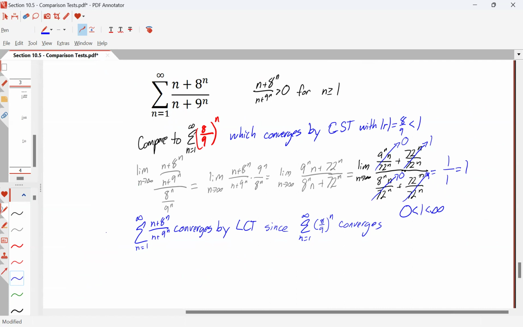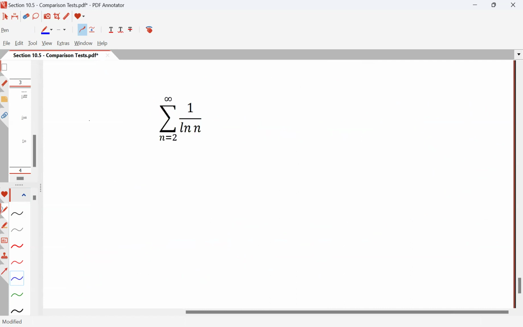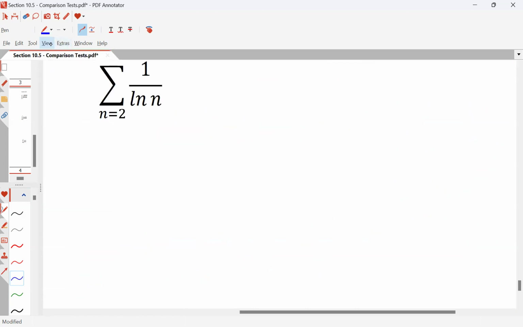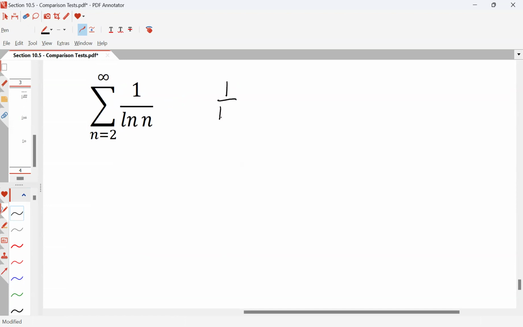We have this series n equals 2 to infinity of 1 over the natural log of n. First thing first, is this positive? Is 1 over the natural log of n greater than 0? Yes. The natural log of n is only negative for values between 0 and 1.